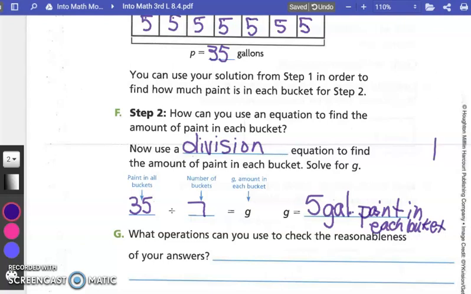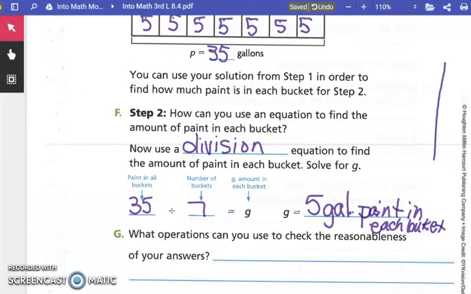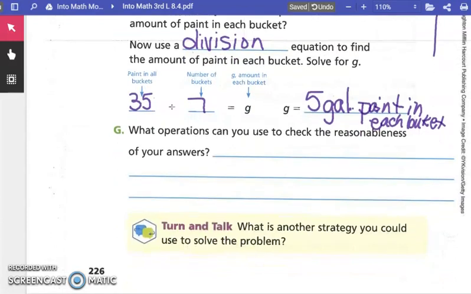Now, it wants to know, how can we check to see if our answer is reasonable? Which operation can you use to check for the reasonableness of your answer? So we're going to use the inverse operation. What's the inverse operation of division? Multiplication. So I can multiply.